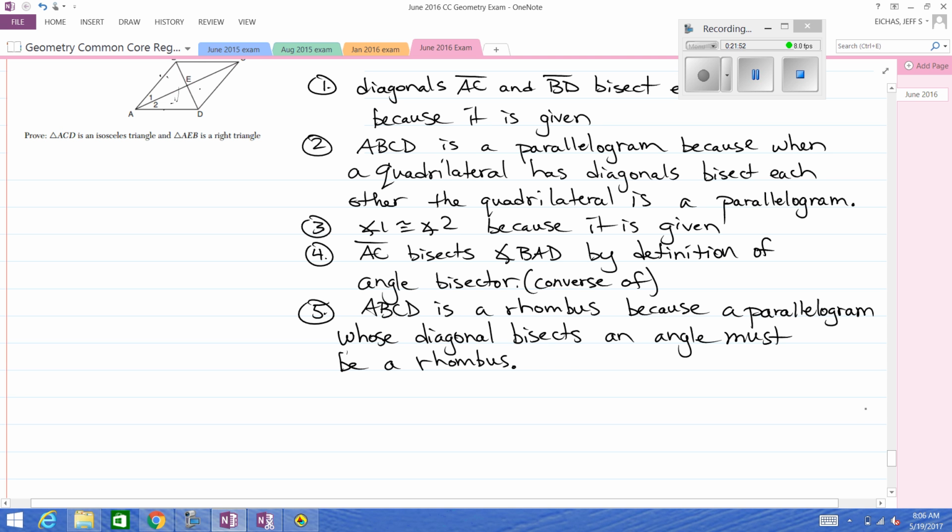Okay, so why is ACD now isosceles? Well, the fact that it's a rhombus tells me that AD is congruent to DC. That's because the sides of a rhombus are congruent.